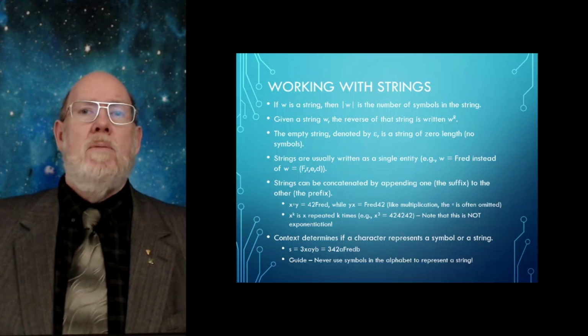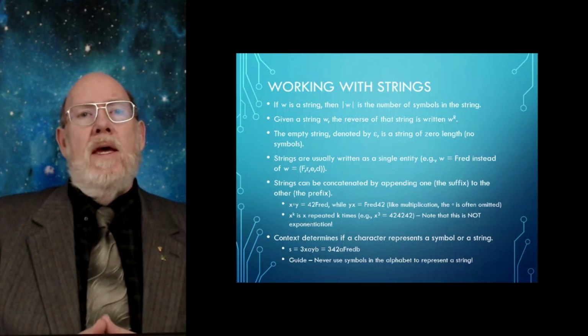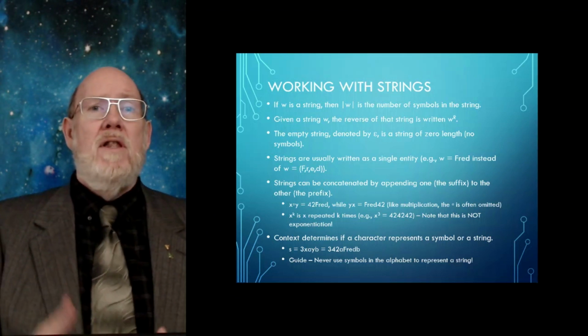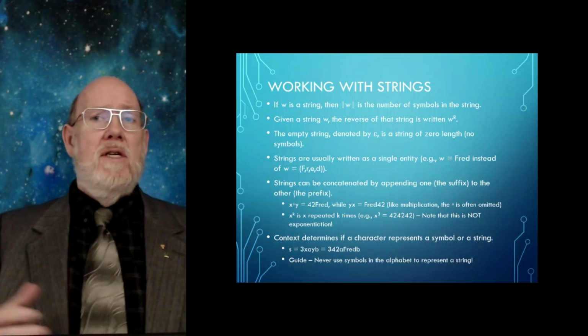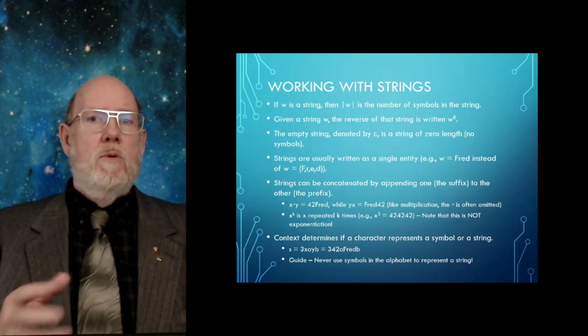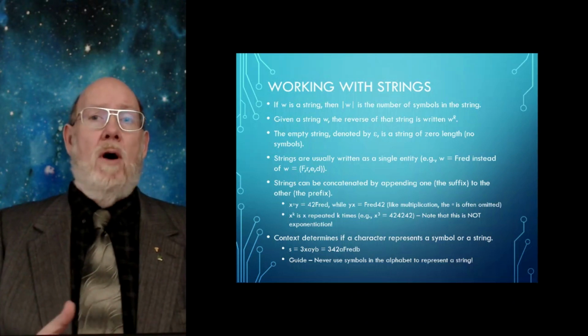So now let's get some terminology that we'll be using out of the way. If w was a string, then, like any sequence, the length of the string is indicated using the absolute value signs. The reverse of that string, which we'll use a fair bit, is indicated by using a superscript r.